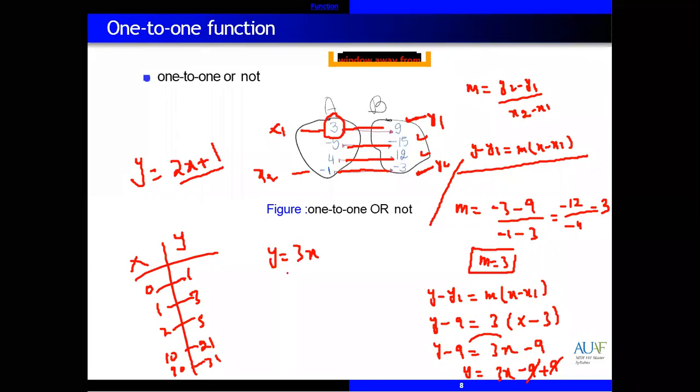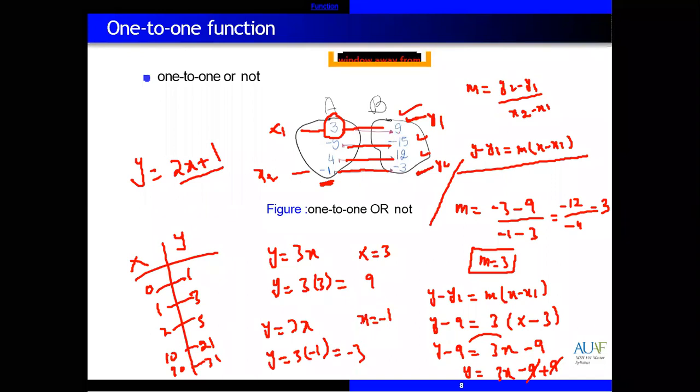First give 3: when x is equal to 3, what is the value of y? 3 multiplied by 3 is equal to 9, the first one. Now give the last value: y is equal to 3x when x is equal to minus 1. So y is 3 multiplied by minus 1, equal to minus 3. Now it's clear: minus 1 with minus 3.